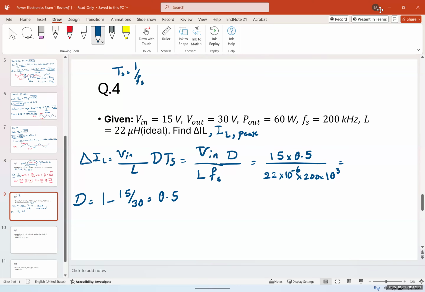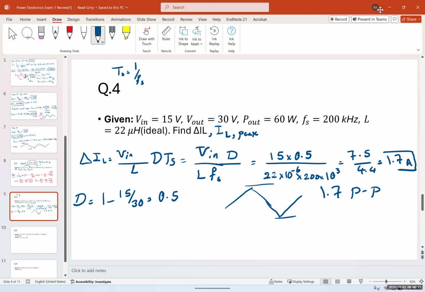And if we solve this, we get 7.5 over 4.4 gives us 1.7 amps. And this is 1.7 peak to peak, meaning it's the delta IL from here, the peak to peak. This is 1.7.